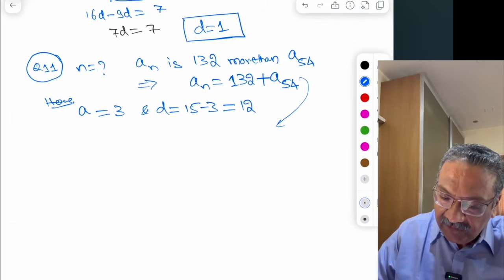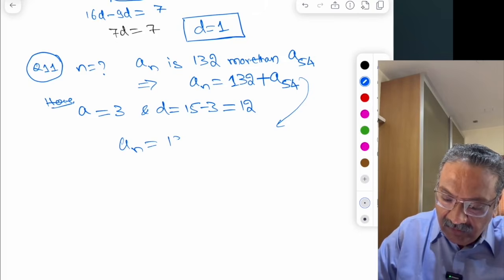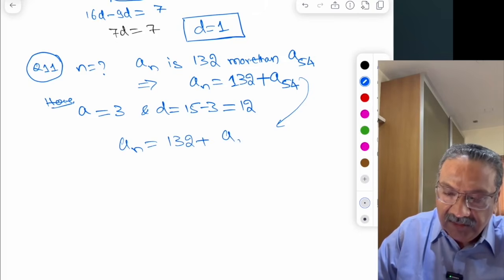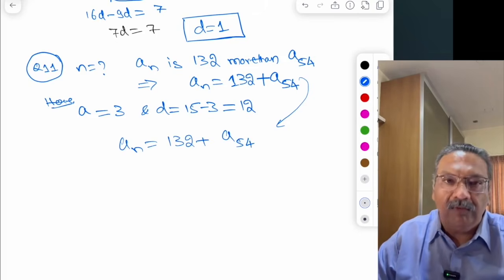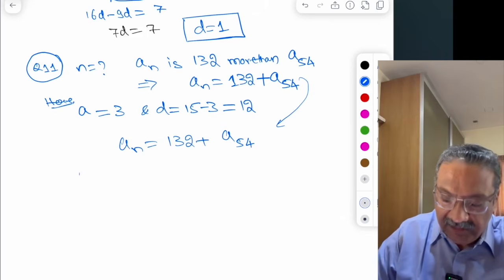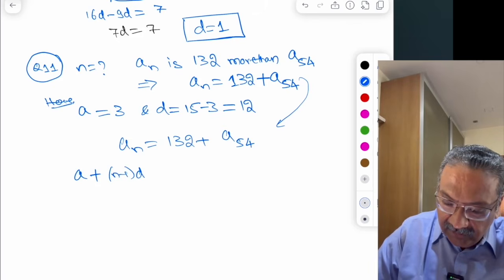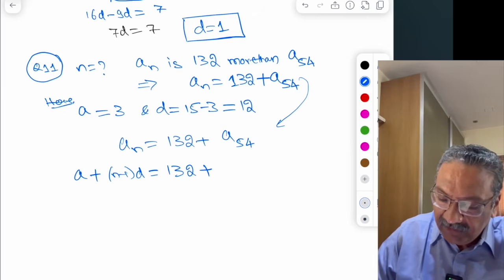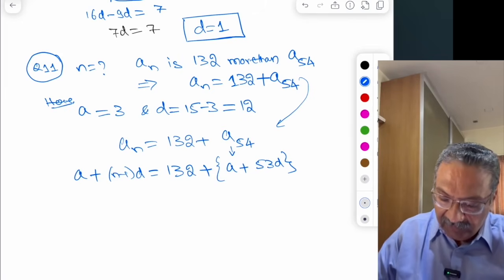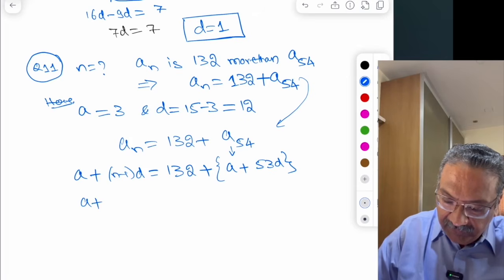So let us take this equation directly. an is equal to 132 plus a54. Let us expand this. What is an? an is nothing but a plus n minus 1 into d, is equal to 132 plus what is a54? a54 is a plus 53d.